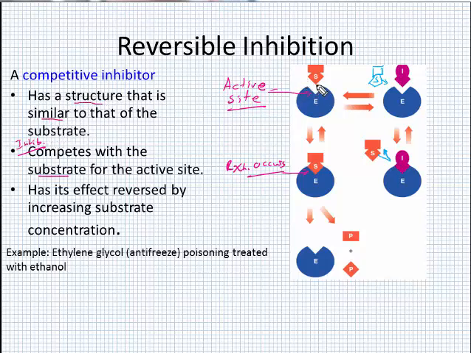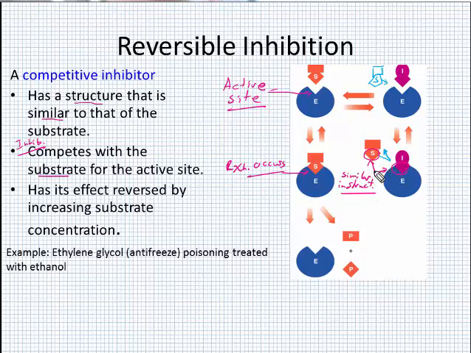And they show that here: the part that's binding the active site is the same. So we can say this part of the substrate and this part of the inhibitor are going to be similar in structure, because they have to bind the same spot.